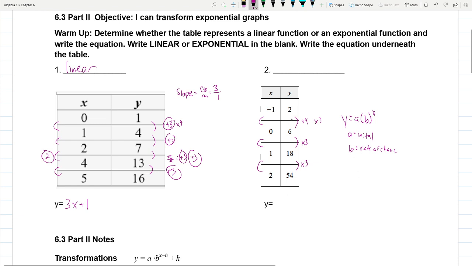I look through it, and where I'm looking for the initial is when x is 0. When x is 0, my y is 6. And then what's my rate of change? What am I multiplying by? In this case, it's 3. And it's all raised to the x.